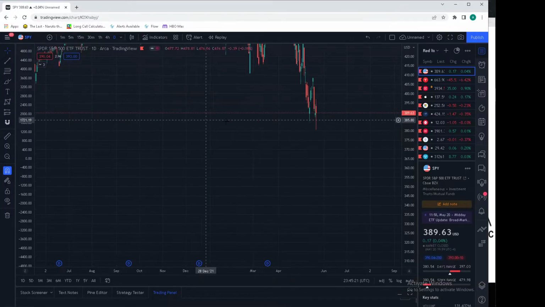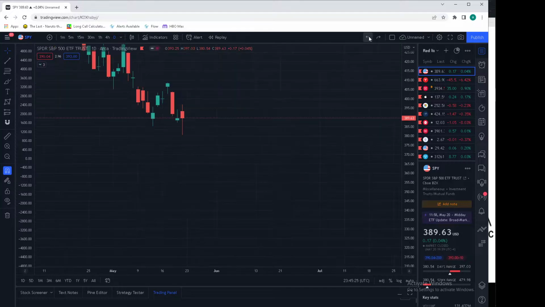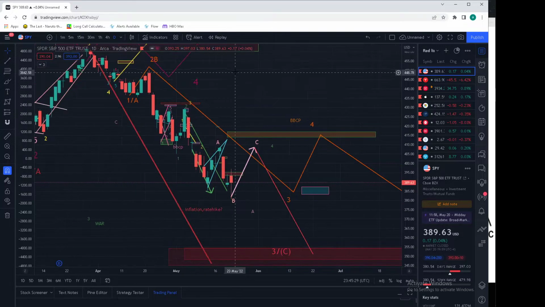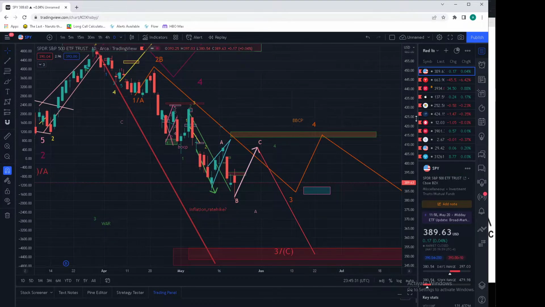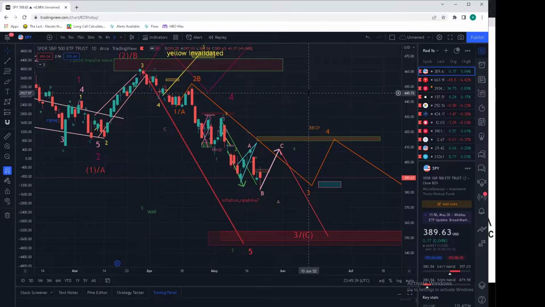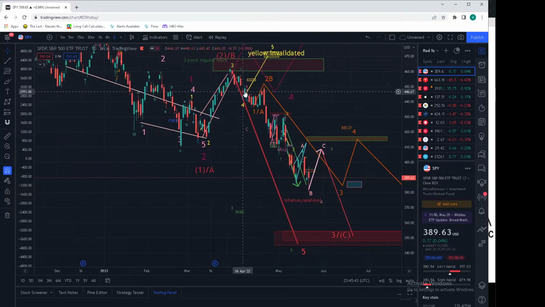Trying to think what else. Oh, how we find a bullish and bearish converging point. Now, I actually haven't been able to draw an accurate one, only because we've been in a full-on flush down.